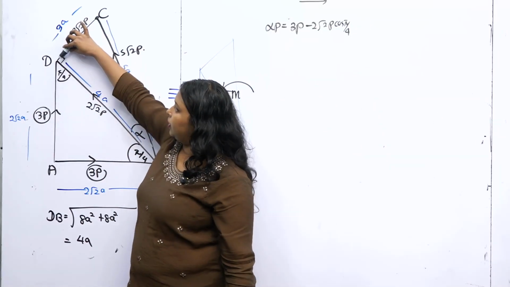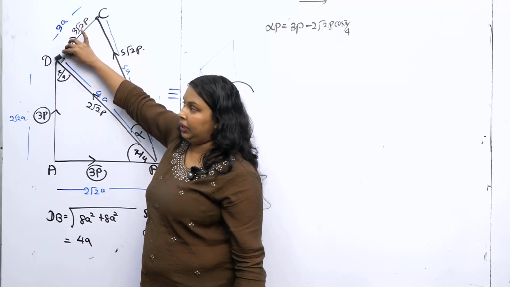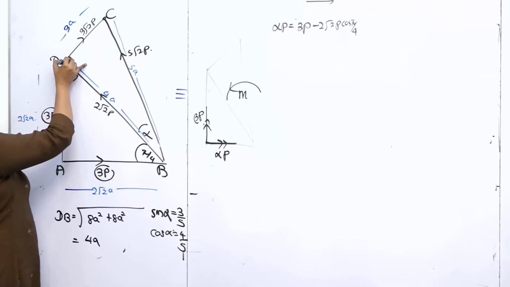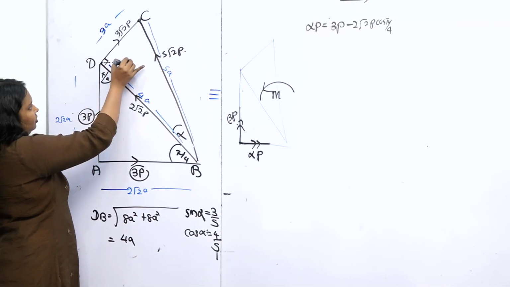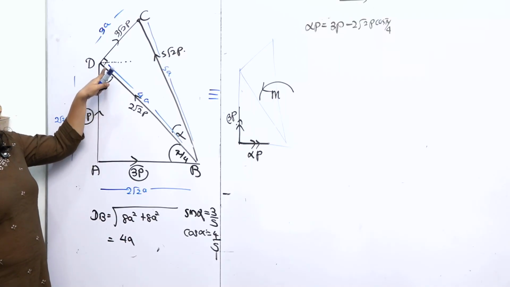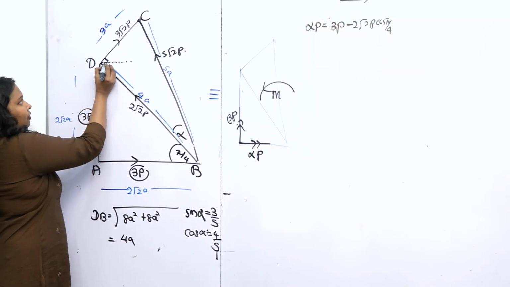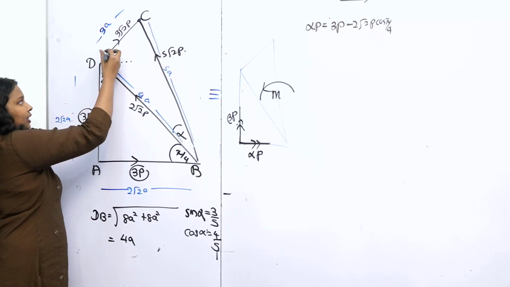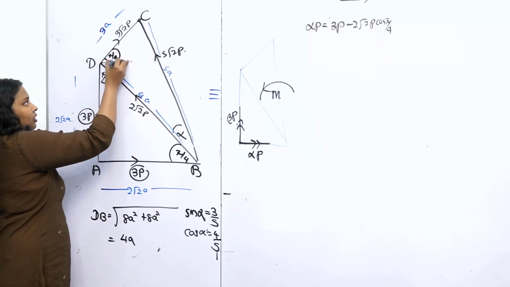Yes, this one, 3 root 2p. What is this angle? Here 5 by 4, here 45, and this is also 45. If this is 45 and this is also 45, then this angle is 90, therefore this angle is also 45.